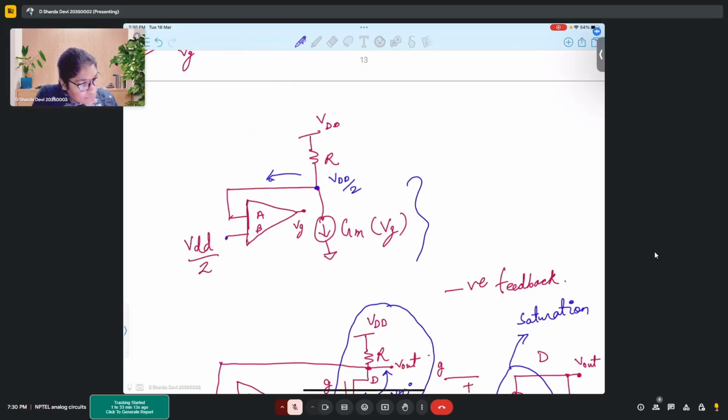Okay. So in this circuit, here you have VDD by 2. That same VDD by 2 will translate to A, considering it an ideal op amp. And the current that is flowing from VDD to ground is GM VG. So the current that will flow through R between VDD and VDD by 2 will also be GM into VG.